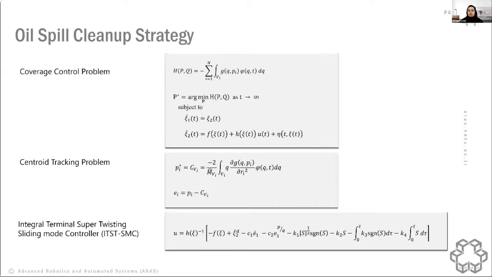So this new controller ensures that the UAVs approach the near optimal centroidal Voronoi configuration asymptotically.